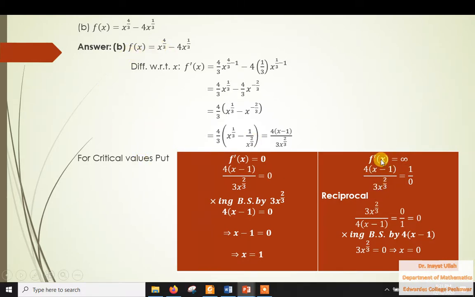Now similarly, f prime x is the same function, but on the right hand side there is infinity, and infinity can be written as 1 by 0. Now taking the reciprocal on both sides, the reciprocal of this rational function is this thing, and the reciprocal of 1 by 0 is 0 by 1. 0 by 1 is actually 0.